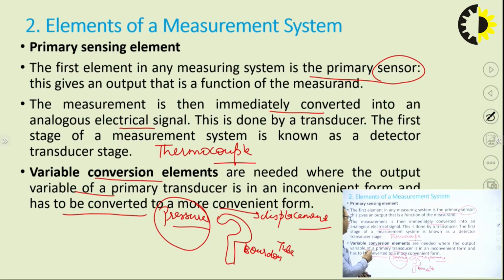So this is the job of the variable conversion element. It converts the form of one quantity into another, like here pressure is being converted into displacement.